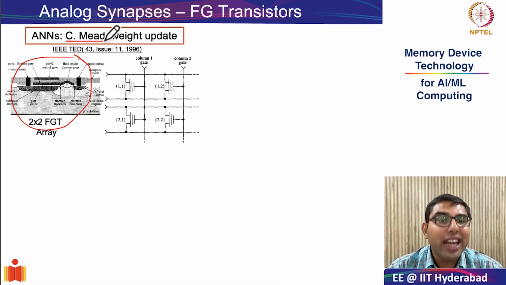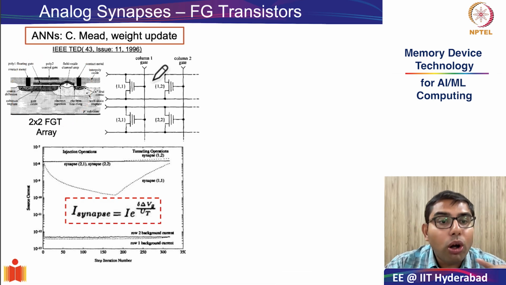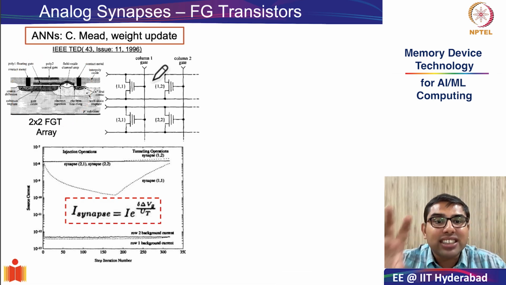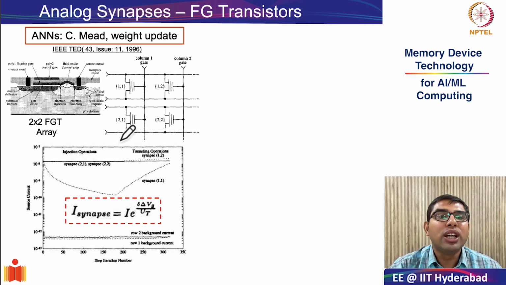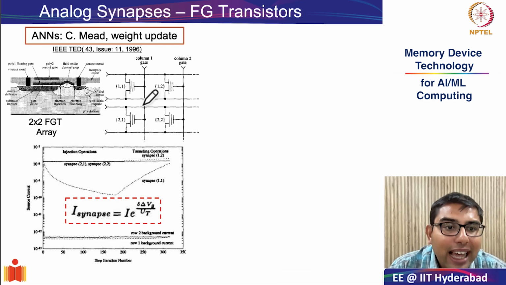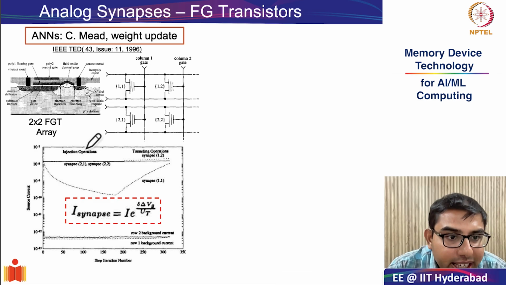He was a very visionary person, I would say, because he not only showed this for a single device, he also integrated these devices into arrays to show that the cross interference when you operate one of the synapses is not significant.